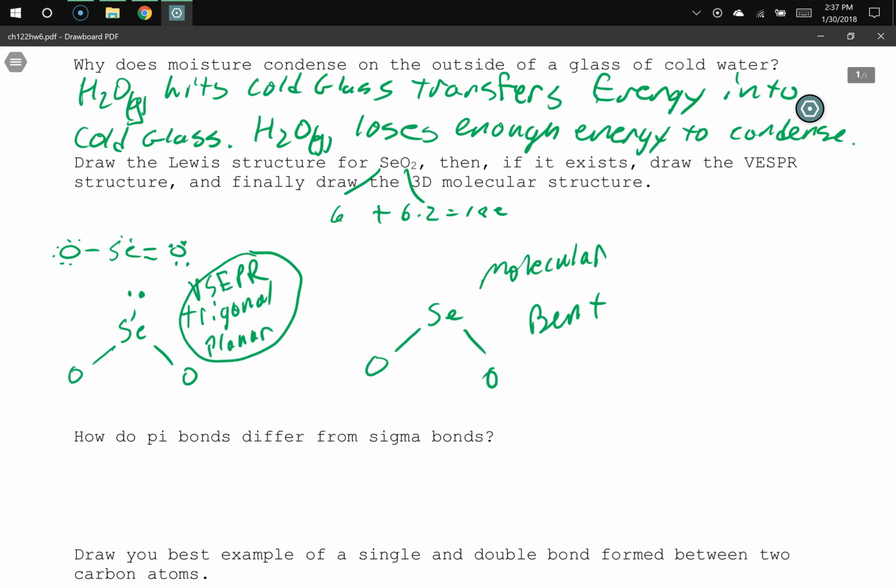What will it affect? Bond length. So I don't have a short bond here and a longer bond over here. I've got 2 bonds that are in the middle length. But that's still not going to affect the shape of the structure. It's still going to be bent and still going to be trigonal planar.